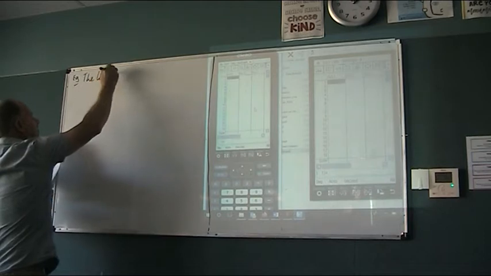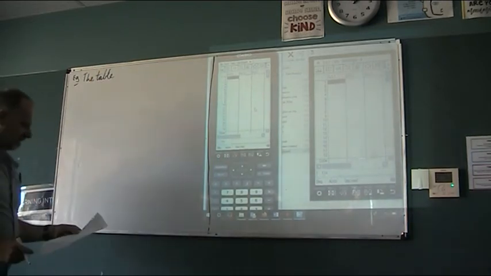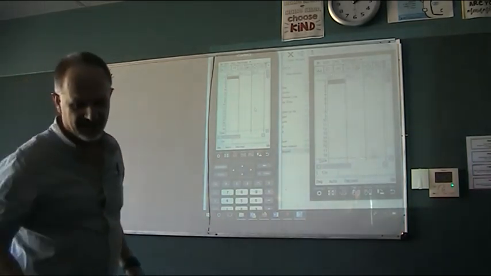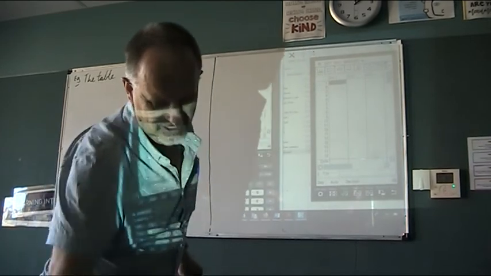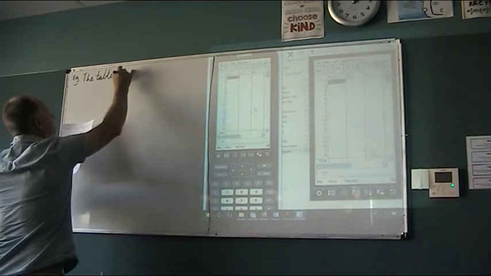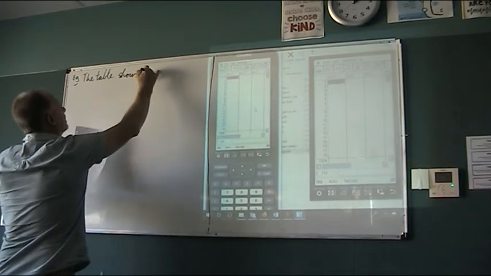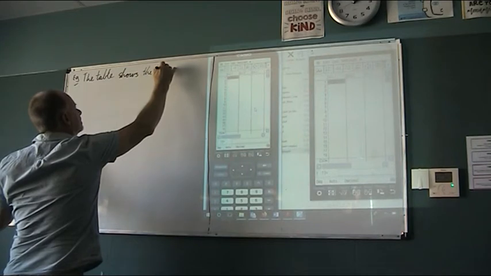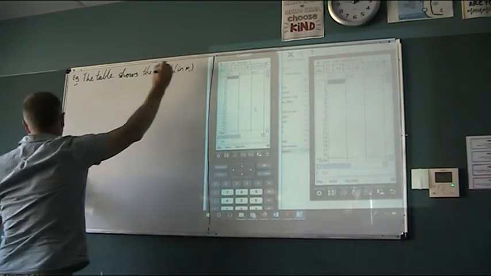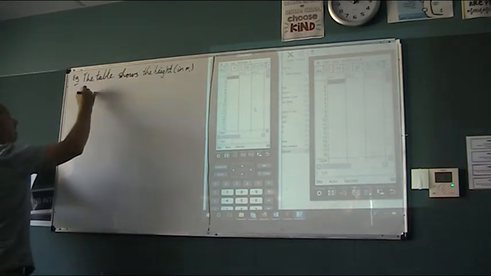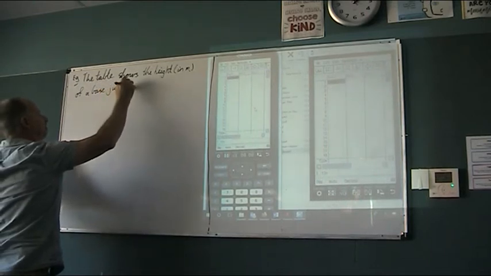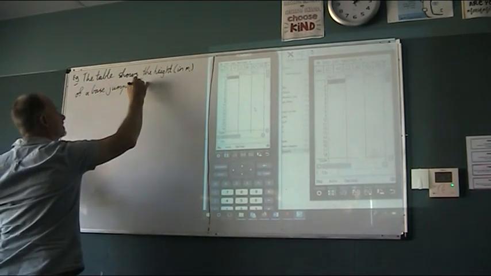How big is this example? It's alright, don't worry. Page and a half. Alright, so the table shows the height in metres of a base jumper for the first 10 seconds.